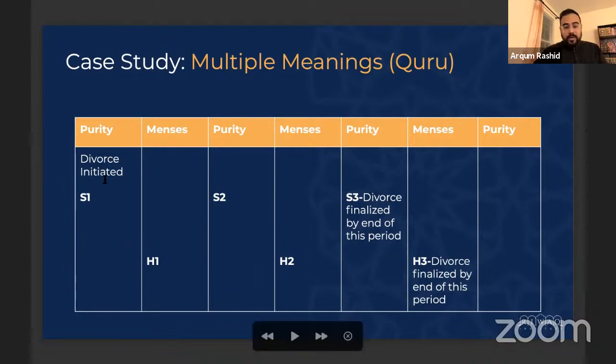Now look here. When the divorce is initiated here, according to the Shafi'is, the first quru has already started. But the quru is not complete because there's days missing, however many days before the divorce was initiated. If the divorce was initiated 5 days into the purity period, it's not a complete period. Whereas the Hanafis say it has to be 3 completed periods.